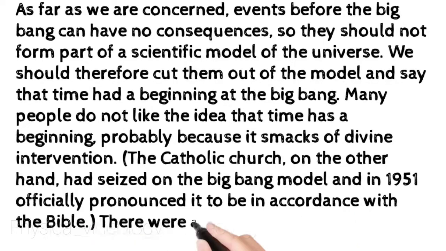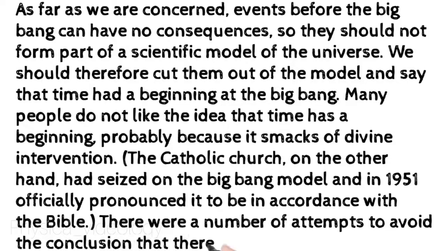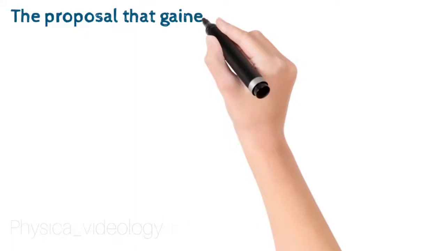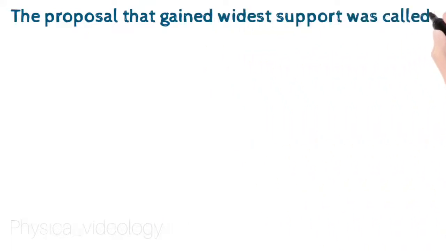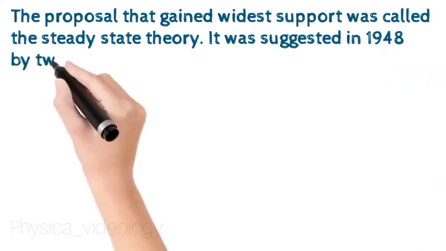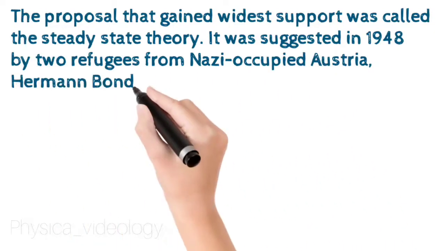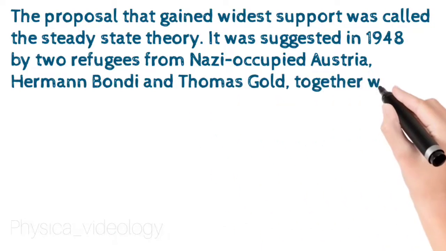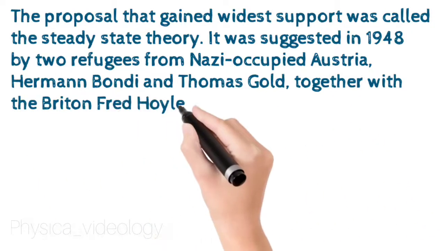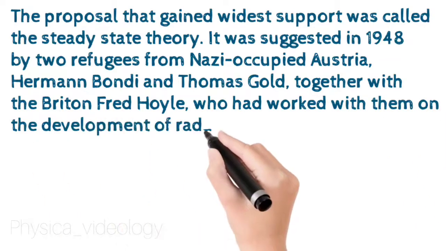There were a number of attempts to avoid the conclusion that there had been a Big Bang. The proposal that gained widest support was called the steady-state theory. It was suggested in 1948 by two refugees from Nazi-occupied Austria, Hermann Bondi and Thomas Gold, together with the Briton Fred Hoyle, who had worked with them on the development of radar during the war.